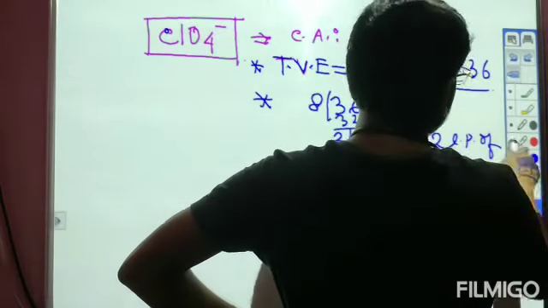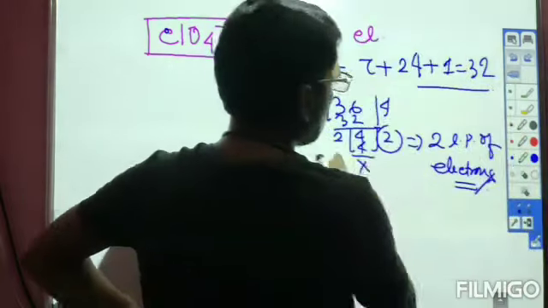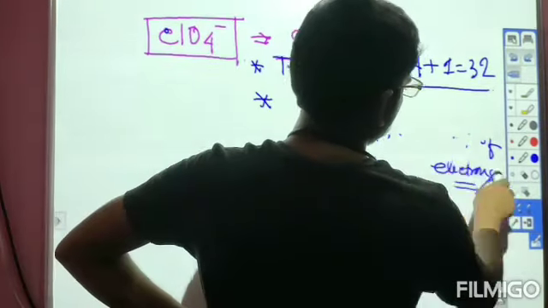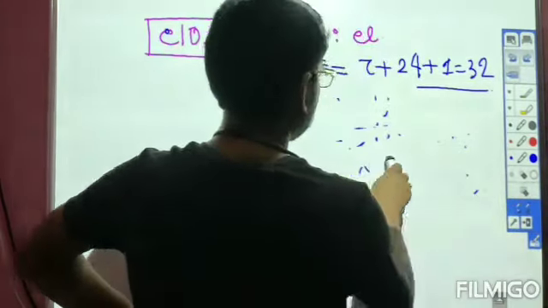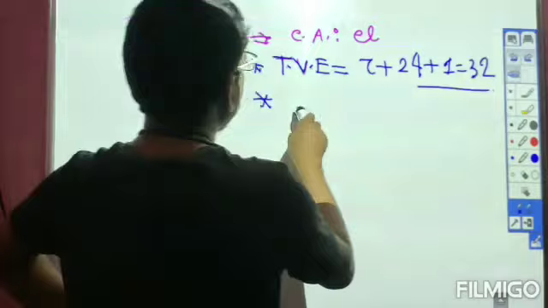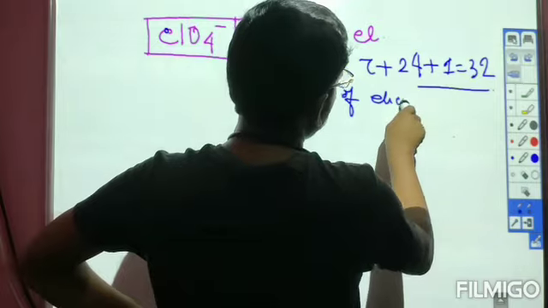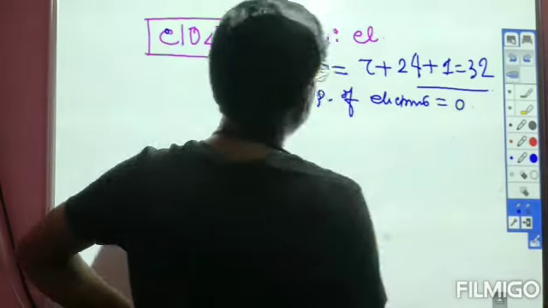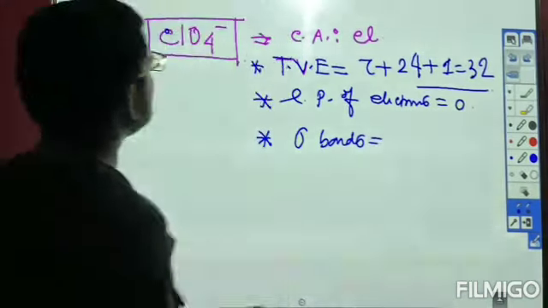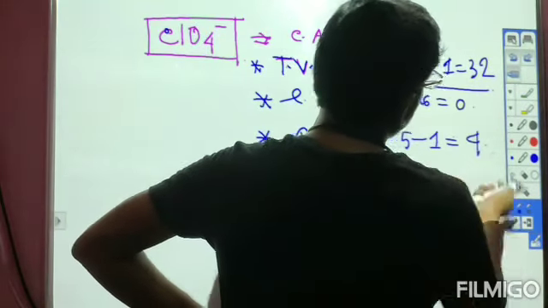This will give you 32. So no lone pair of electron. Sorry. So lone pair of electron, multiple of 8, 0. Sigma bonds, sigma bond কত? 4 থেকে 5. So 5 minus 1, that will give you 4 sigma bonds.